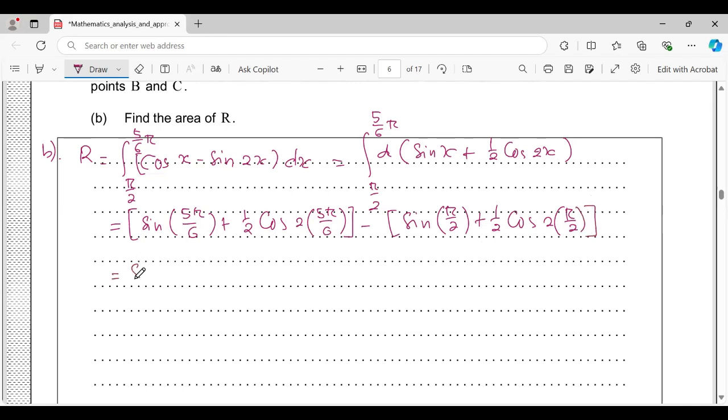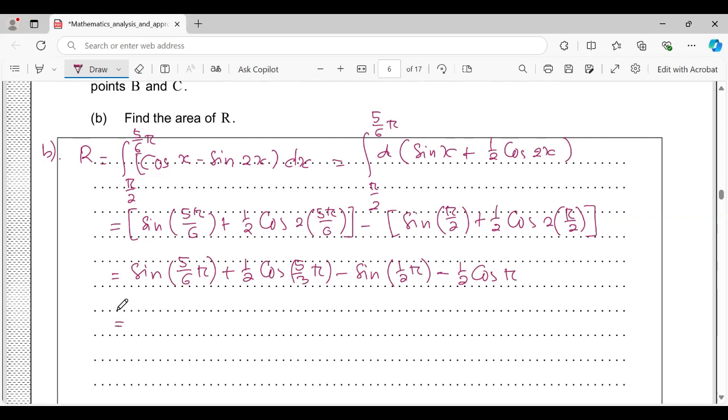And it is sine 5 over 6 pi plus half cosine 5 third pi minus sine half pi minus half cosine pi.